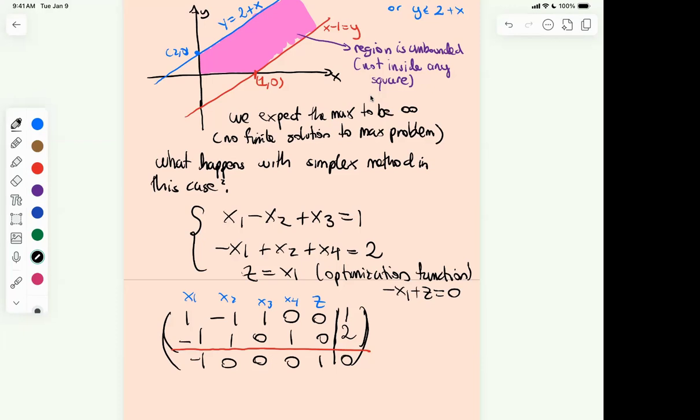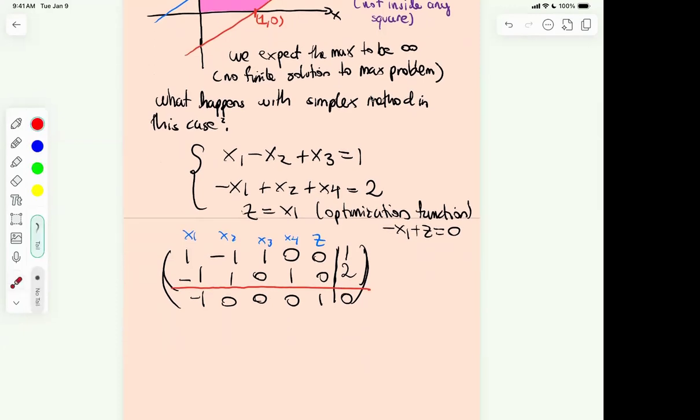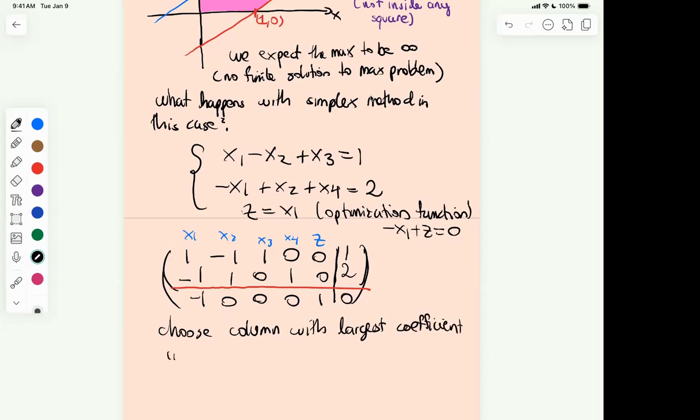Okay. And then what the method says, the first step is, of these columns, what the simplex method says is that you choose the column with the largest negative coefficient in the last row, right? So I'll just repeat what you have to do. Choose the column with the largest negative coefficient in the last row.